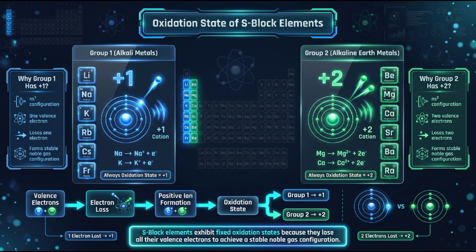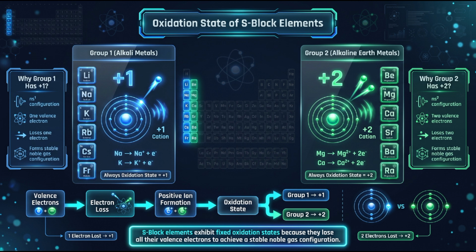This is exactly the electronic configuration of neon, a noble gas with a completely filled outer shell. Likewise, potassium changes from 2,8,8,1 to 2,8,8, which is the electronic configuration of argon. Since this arrangement is extremely stable, the atoms naturally prefer to lose 1 electron rather than gain several electrons.